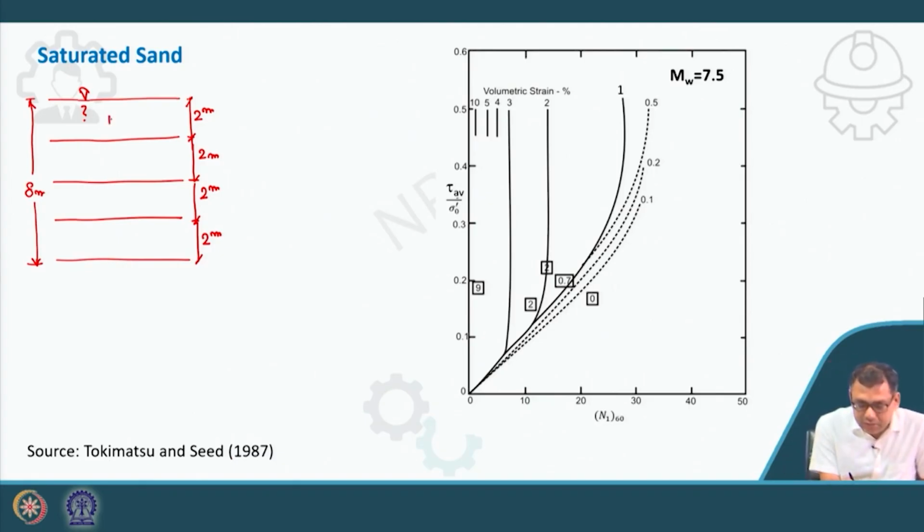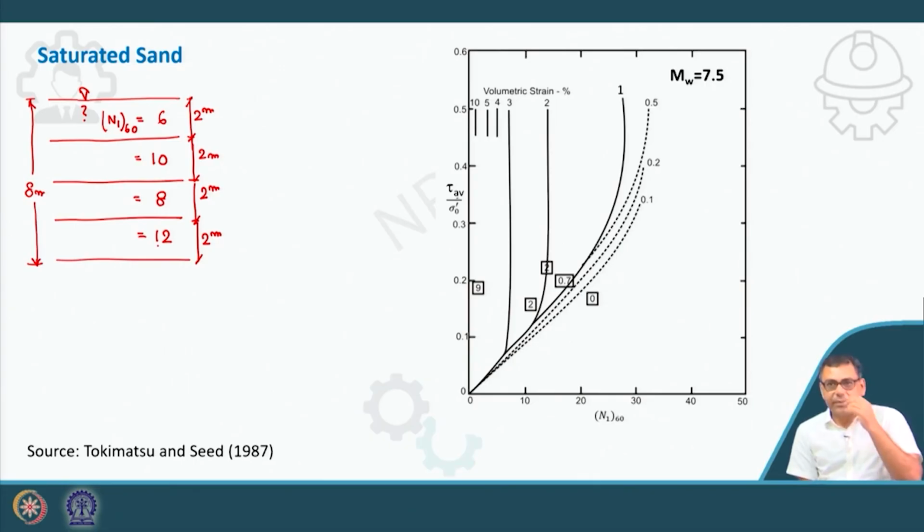So, here N1,60 is different for different sublayers. It is 6 here, 10 here, 8 here, 12 here. Based on that, this is the average N value over this depth of 2 meter. This is a loose sand; the previous one was also loose sand.